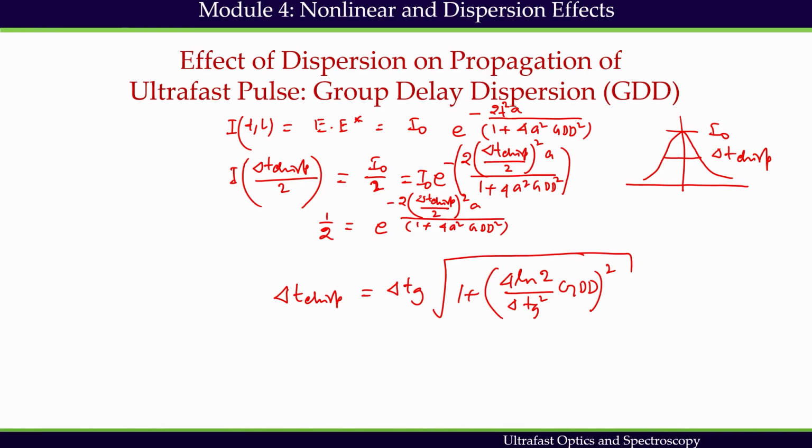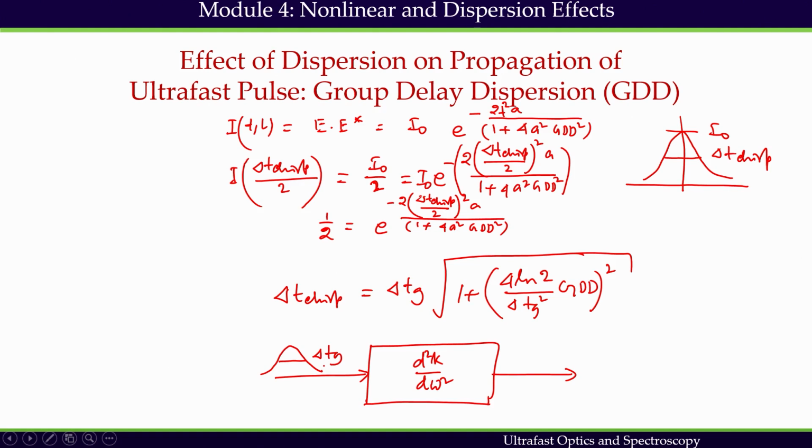So what we write down here is that if we have a medium and this medium is introducing this second order spectral phase, that is d2k d omega 2, and if I plot the intensity profile of the transformed pulse, which is the delta t g Gaussian pulse we have considered, then I get an elongated pulse, and this elongated pulse is delta t sharp.